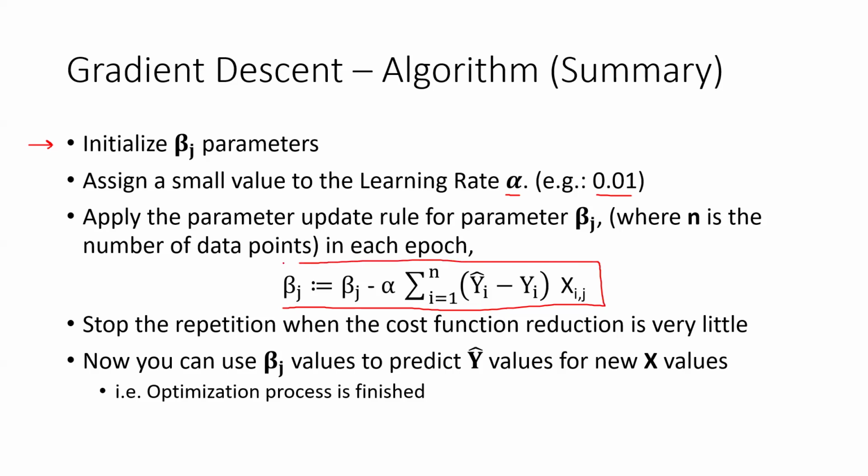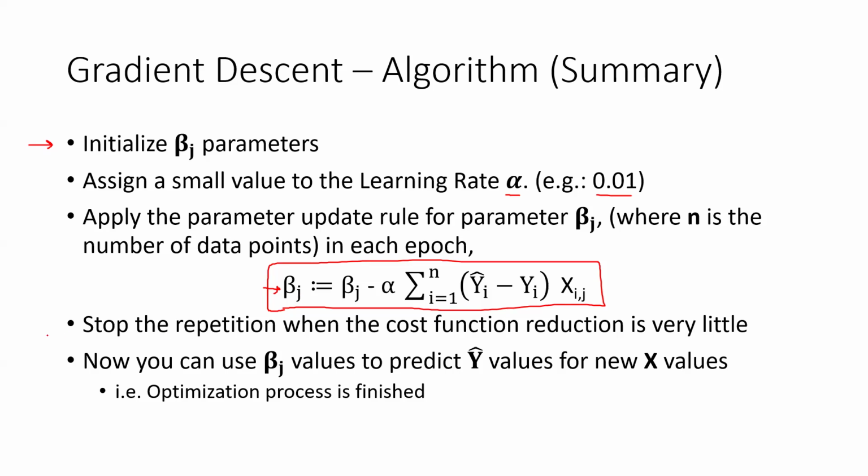what we have just found, for each of the parameter beta j, right? For that you would have to calculate these values for all the data points, right? So error times the variable value x, and we multiply it with alpha, and we subtract it from the original parameter value, and that's how we update it until we come closer to the optimum value, right?